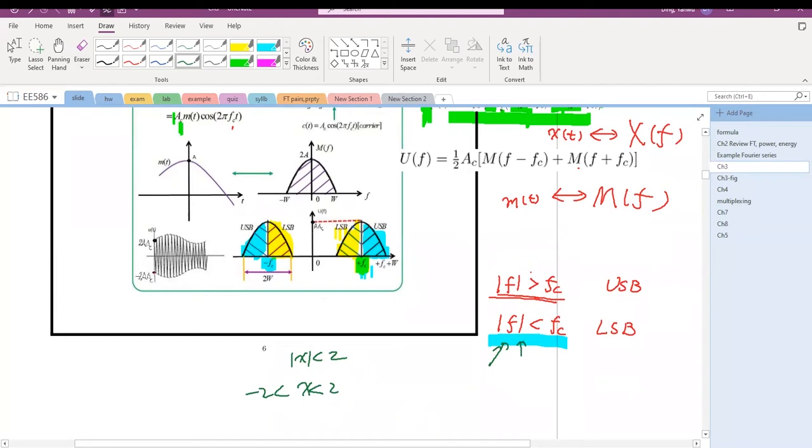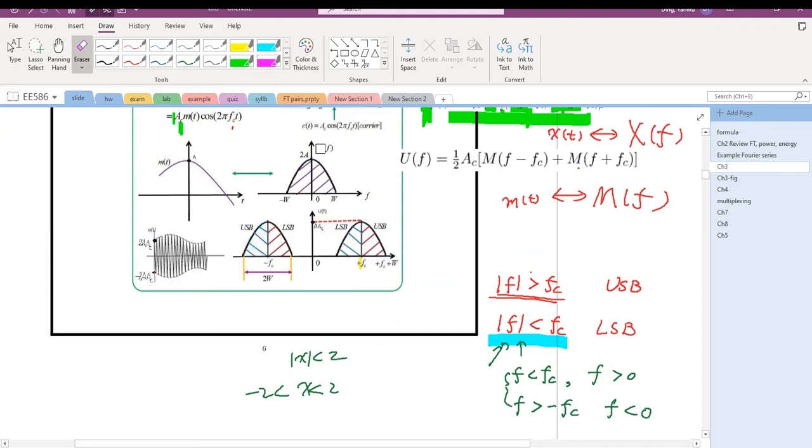This contains two inequalities: F less than FC when F is positive, and then F greater than minus FC when F is less than 0. This inequality contains exactly this portion and this portion.